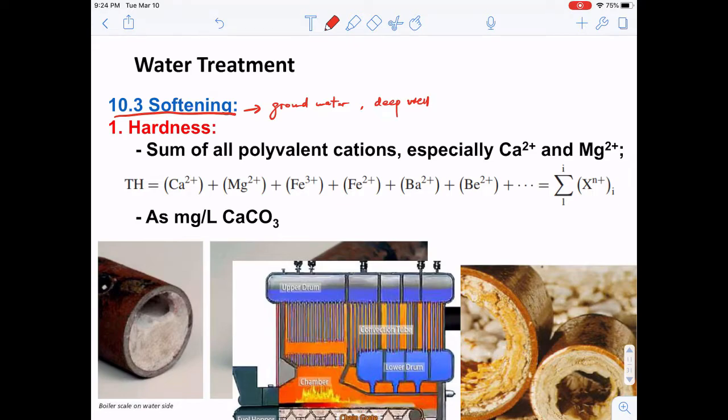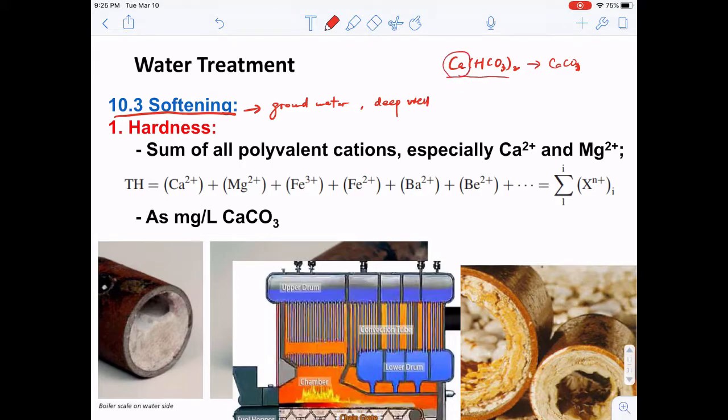There are a lot of metal ions, including calcium, magnesium, ferrous, barium, and beryllium. When they exist in the water, for example for calcium, they can form salts or compounds that are soluble in water. But once they are boiled, they are going to form scales, or sediments.